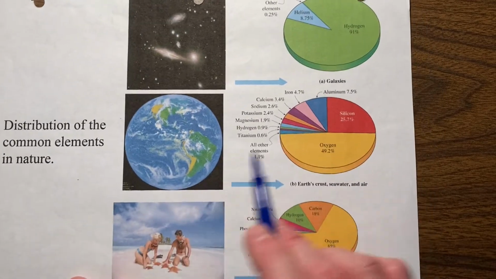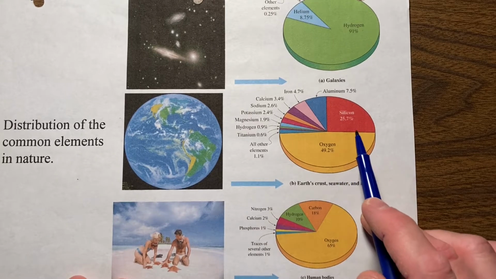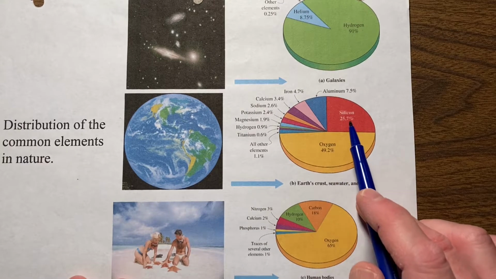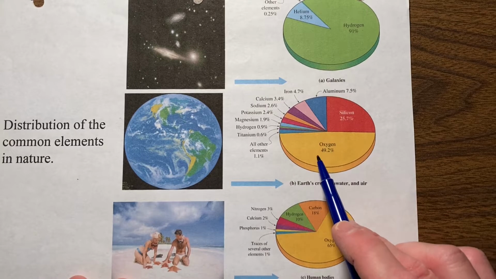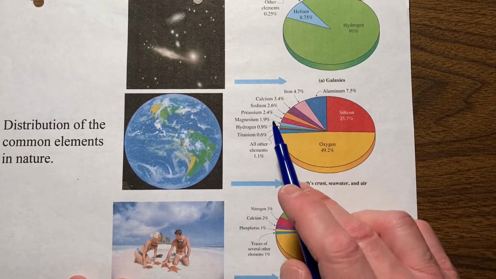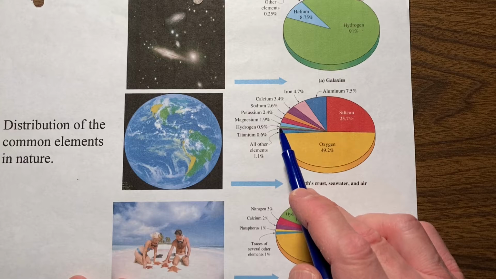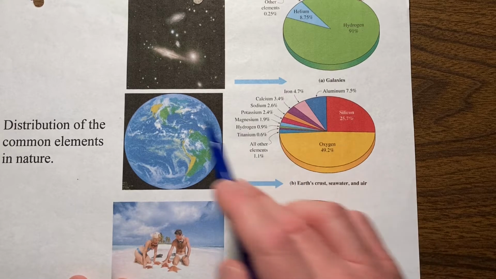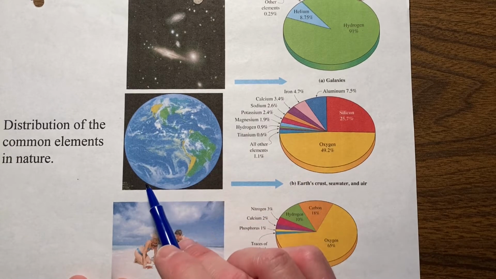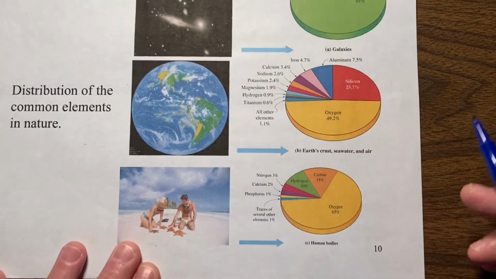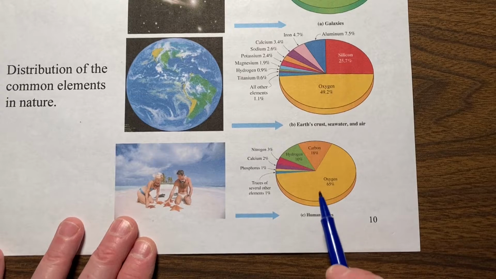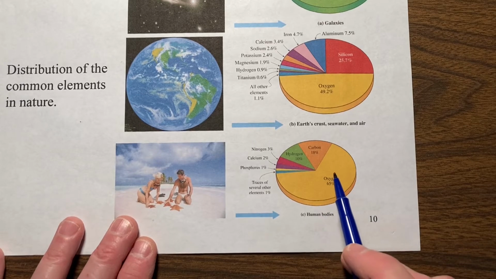On Earth, most of the Earth's crust is made of rock and sand, so silicon and oxygen are very common, and hydrogen is a very low percentage, but most of the hydrogen on Earth comes from water and life forms on Earth. If you look at what's in human bodies, most of our bodies are made of oxygen, carbon, and hydrogen.